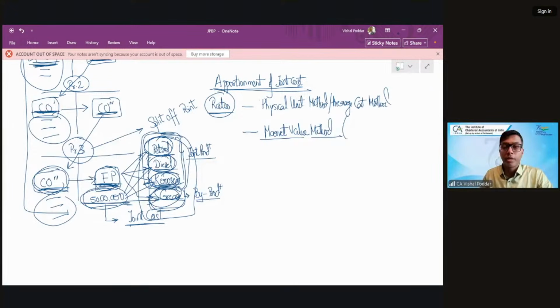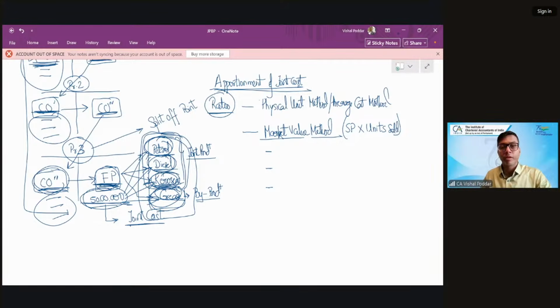It is your selling price into the units sold. So I get the total market value, and then I will use this market value as the ratio.